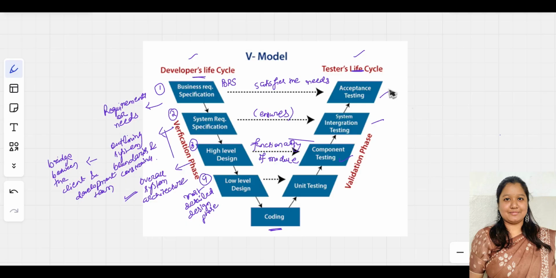So what is unit testing? What does the term unit mean? Generally, what does the term unit specify? The unit talks about a single component, or a fixed number of elements. So here unit testing will ensure what?